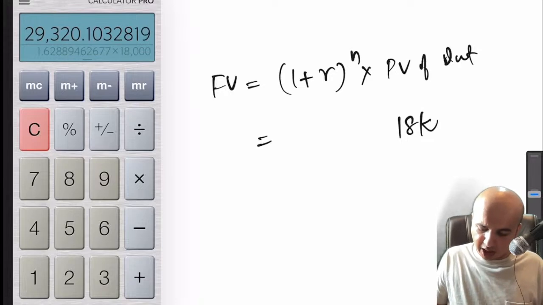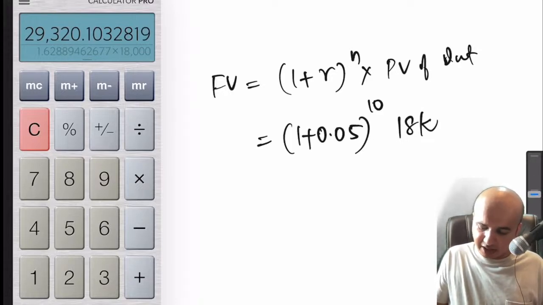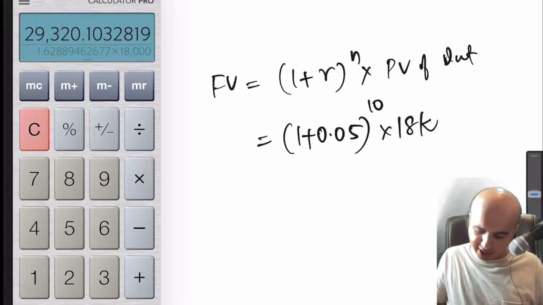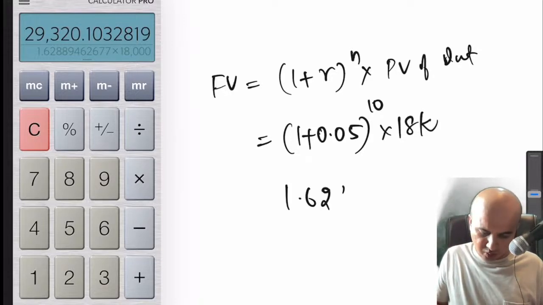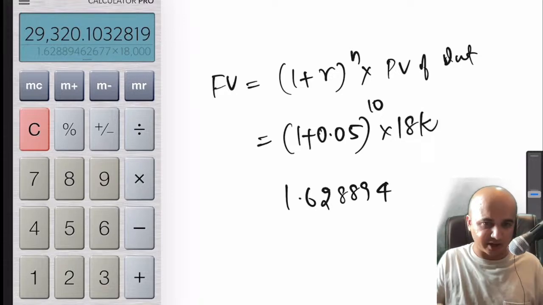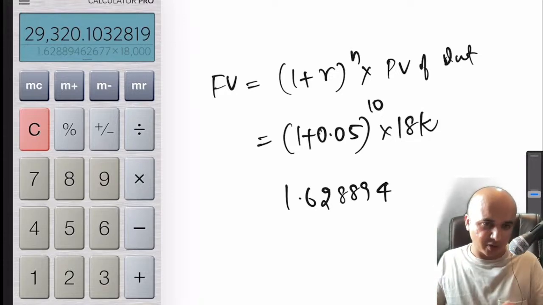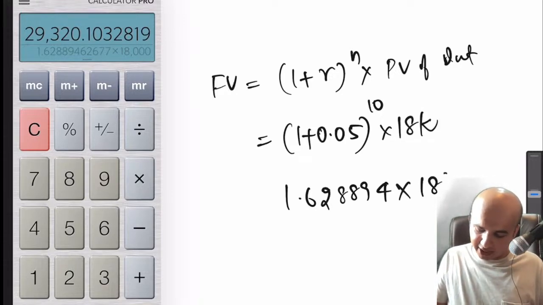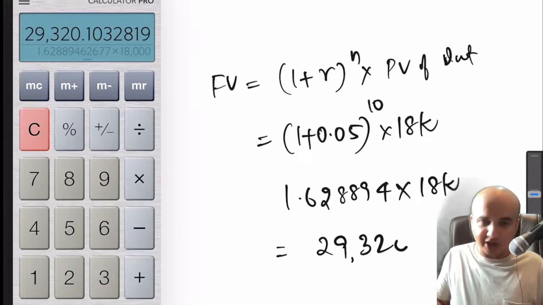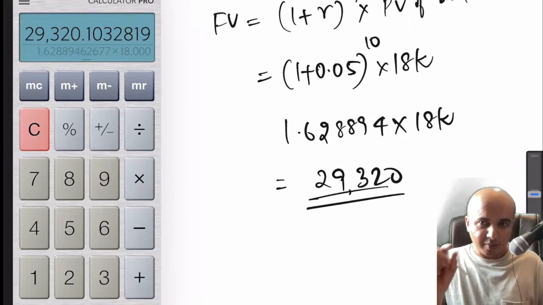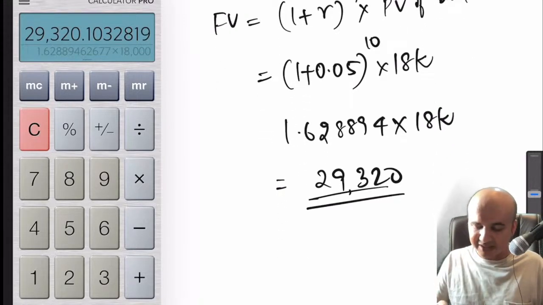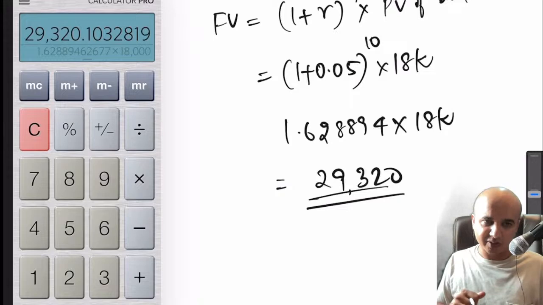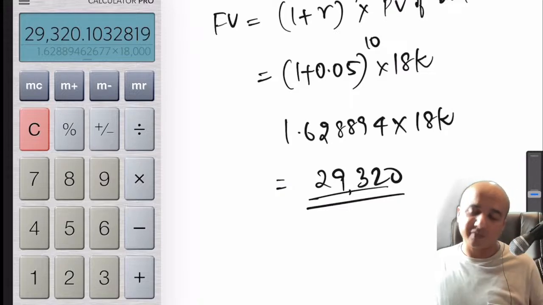Then what about the r? R is nothing but the rate of interest, which is 0.05. N is 10. So when you do that, you will get 1.628894, whatever. I'm not rounding it off, but you can round it off later on, multiplied by 18,000. So when you do that, you will get the result 29,320, which is nothing but the future value of this investment, which is also the maturity value.